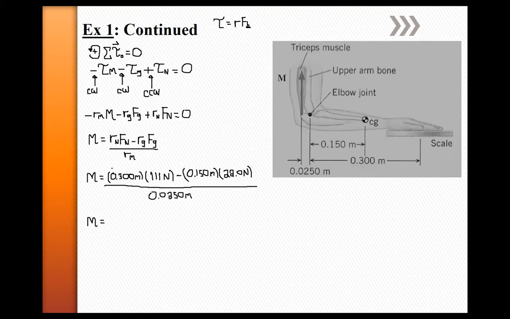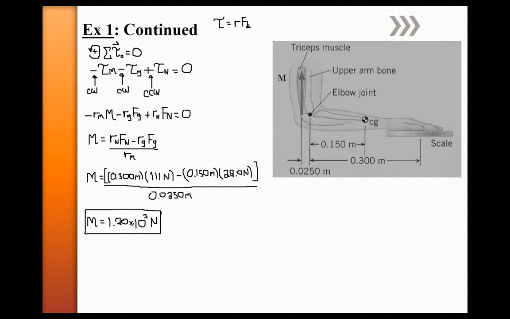Okay, and if we plug these numbers in, the top in its own set of brackets, we should get a number that is 1.20 times 10 to the third newtons. Okay, so we had to make use of our understanding of torque and torque equilibrium to calculate this force.